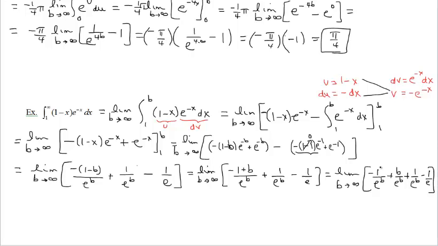So now I can cancel these two terms. Yeah, I'm wondering if we should have distributed in the beginning. It might have made it a little easier. So b goes to infinity. And what do we have? Finally, we have b over e to the b minus 1 over e.